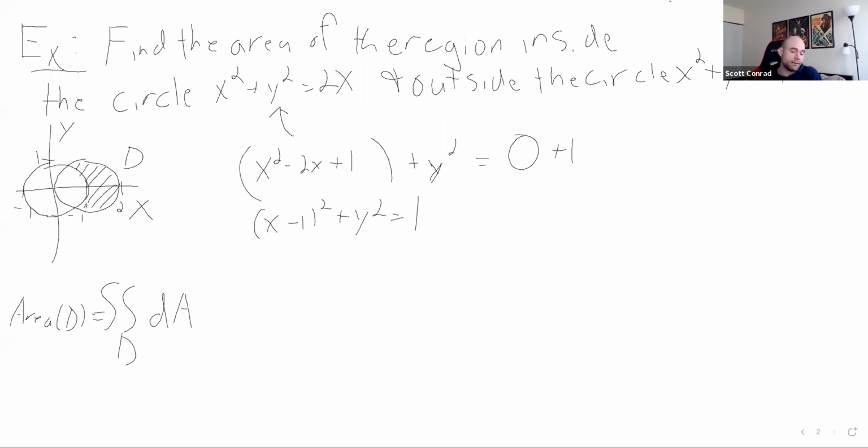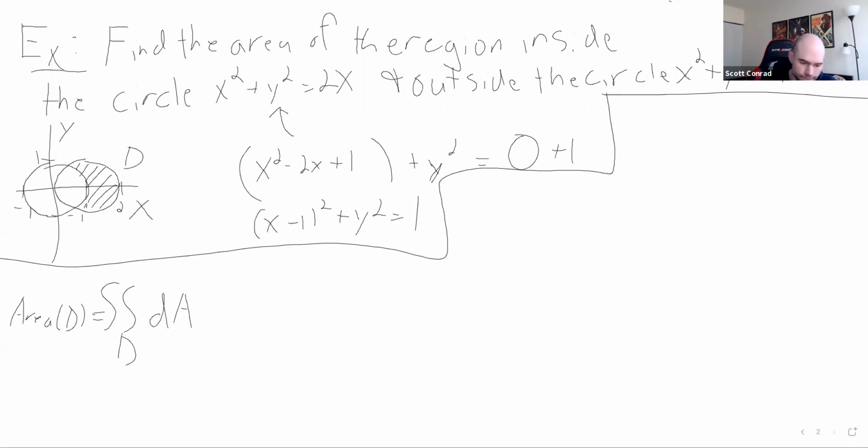The integral of 1 dA over the region D. Okay, so that's the integral. Let's figure out the bounds of D and then convert to polar. So, let's find the bounds on r.